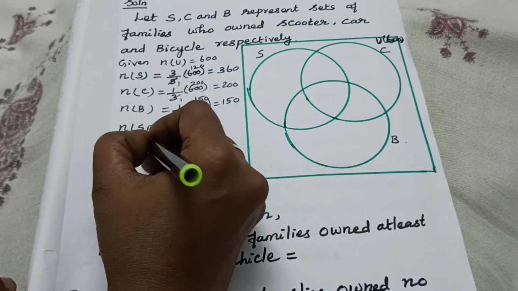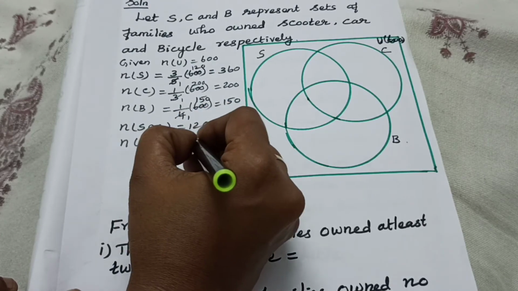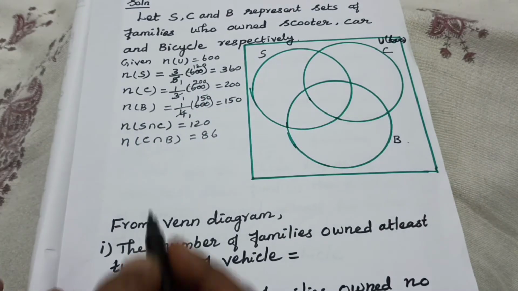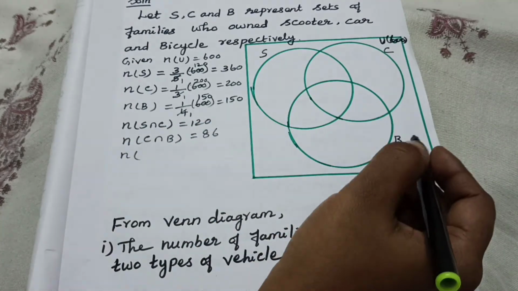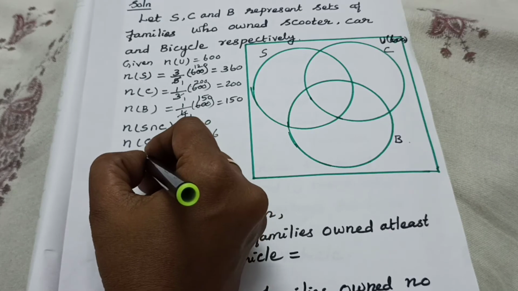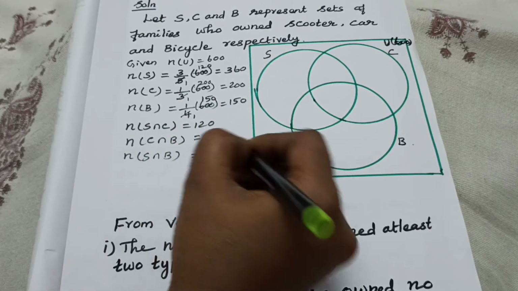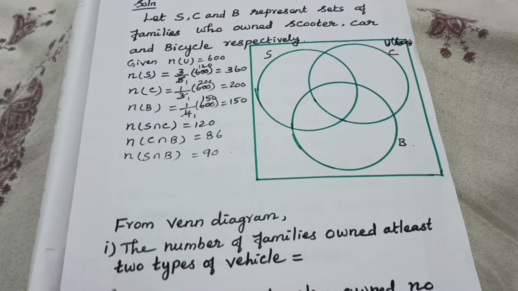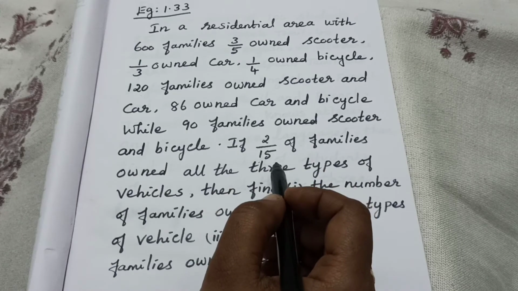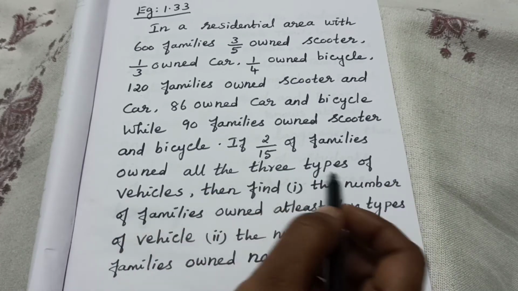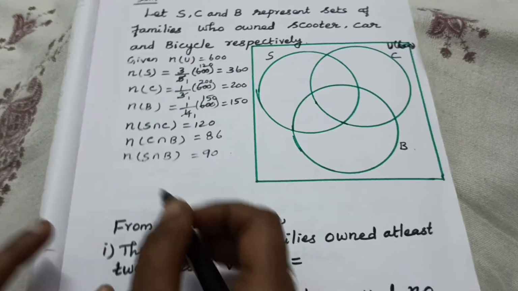Then n of C intersection B, car and bicycle, is 86. The number of people using scooter and bicycle is 90. Again, 2 by 15 of families own all the 3 types of vehicle.